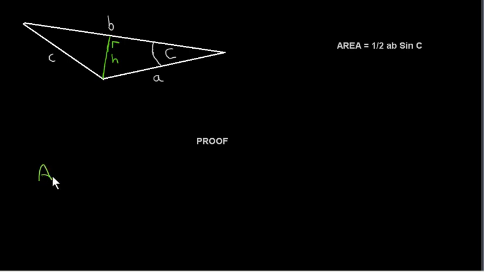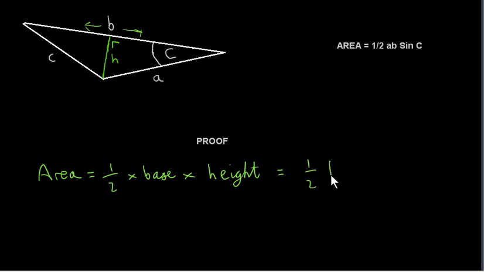We know that the area of a triangle is half times the base times the perpendicular height. So if we take this side as base, so this distance is b, we have a half the base times the height.